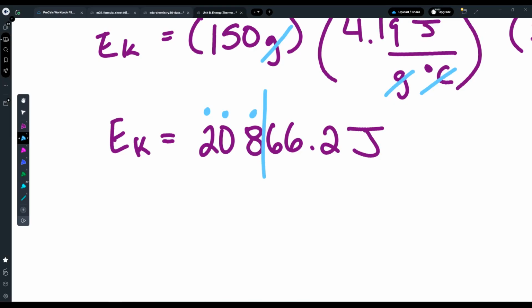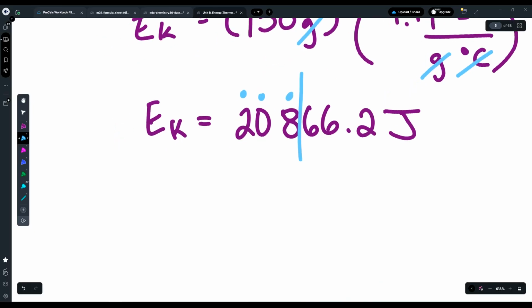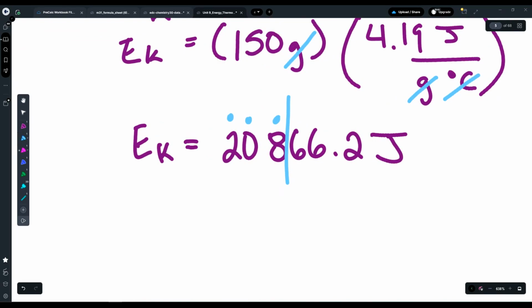If your cutoff line comes right on top of the decimal, you do not need scientific notation. And also, if it comes after the decimal, then typically you don't need scientific notation, although you could still use it.